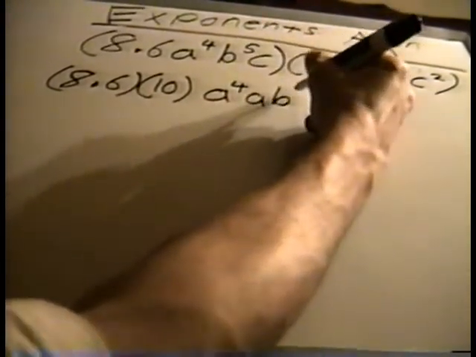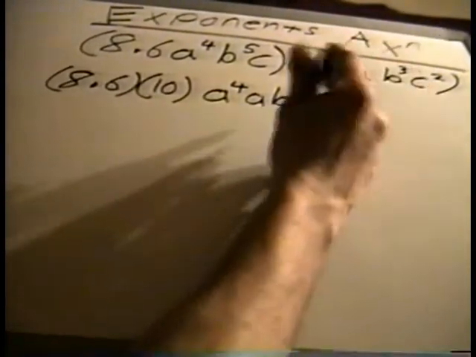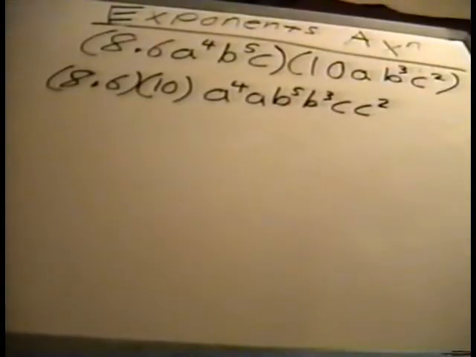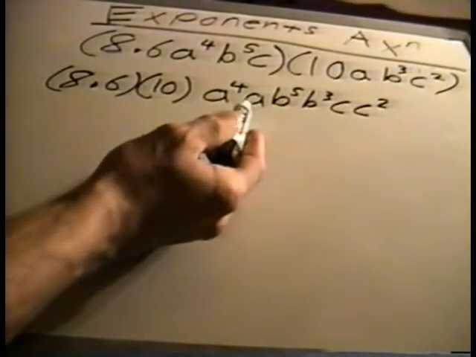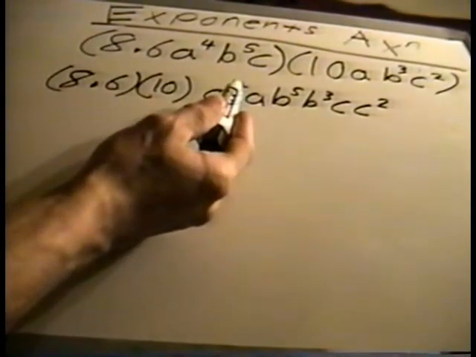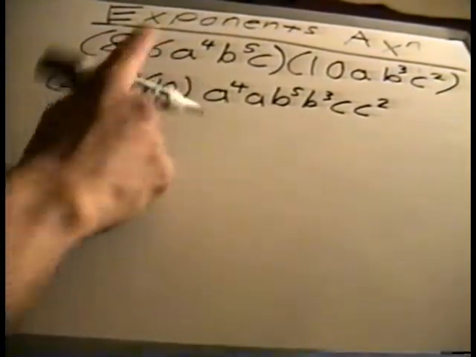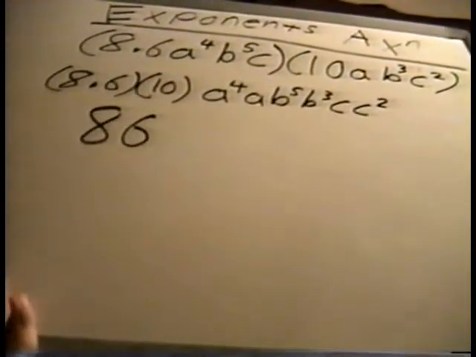Let's see if we have the term negative 4x cubed times 3x squared. Now this is a multiplication. These are two unlike terms.